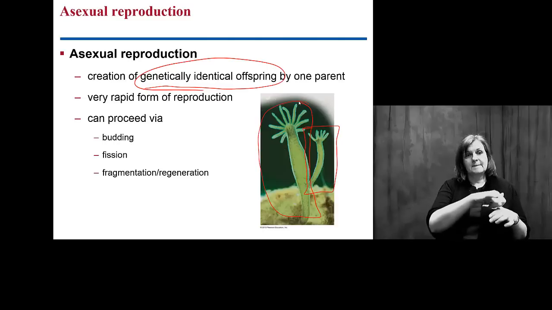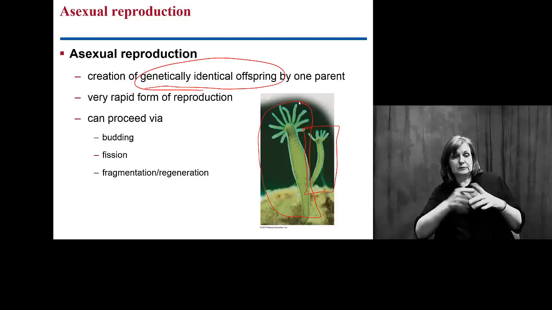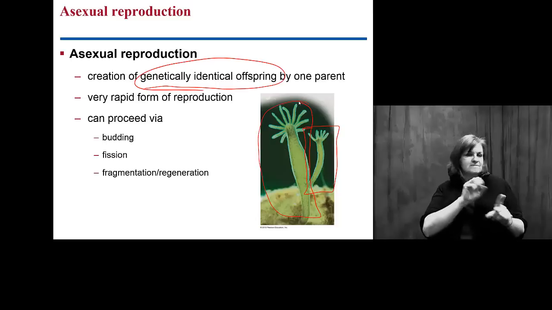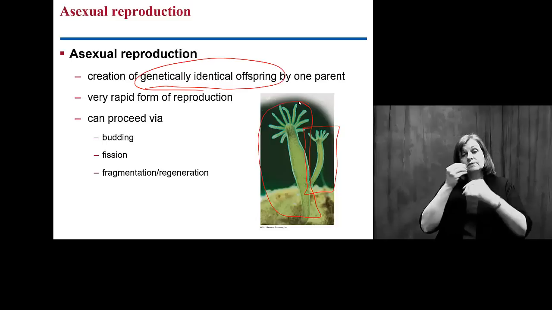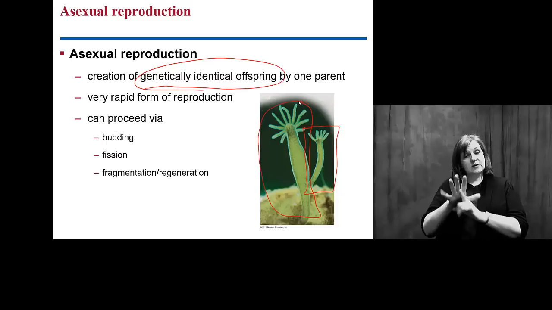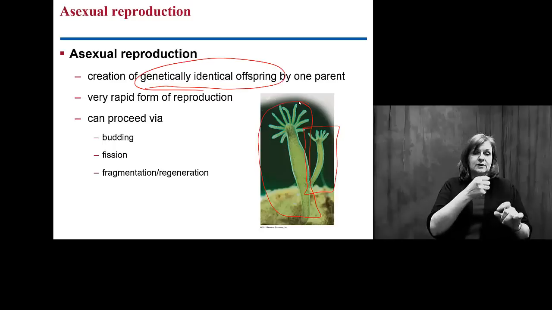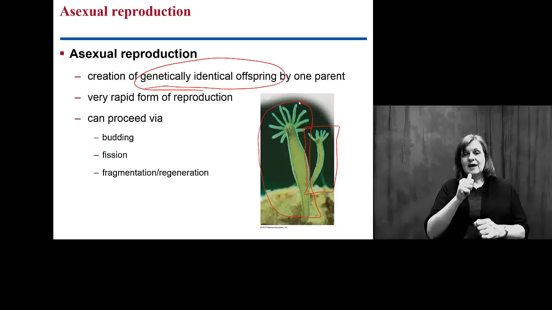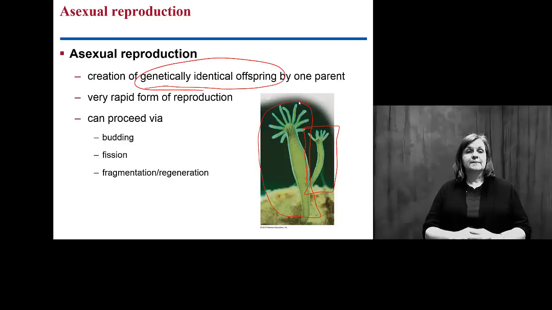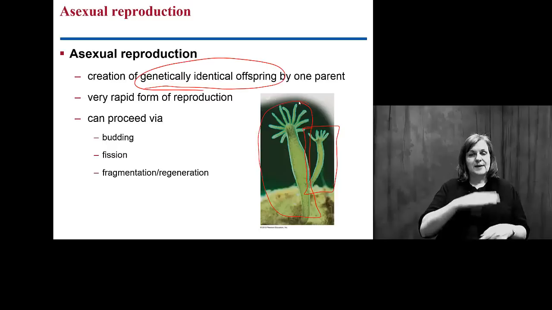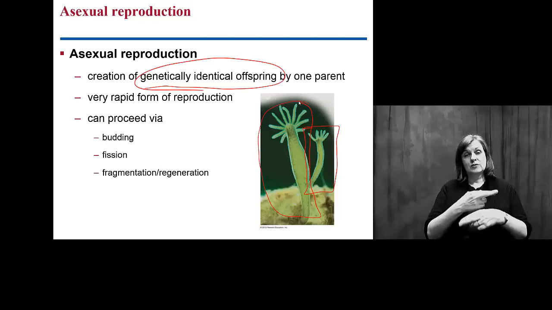So if the environment changes for that organism, and they're all perfectly identical, if disease would come in and affect one, it affects them all. If food conditions change and it affects one, it affects them all. There's very little variability in these organisms.